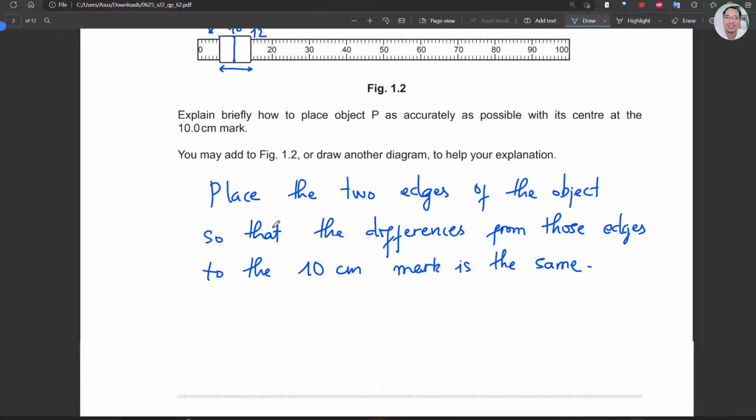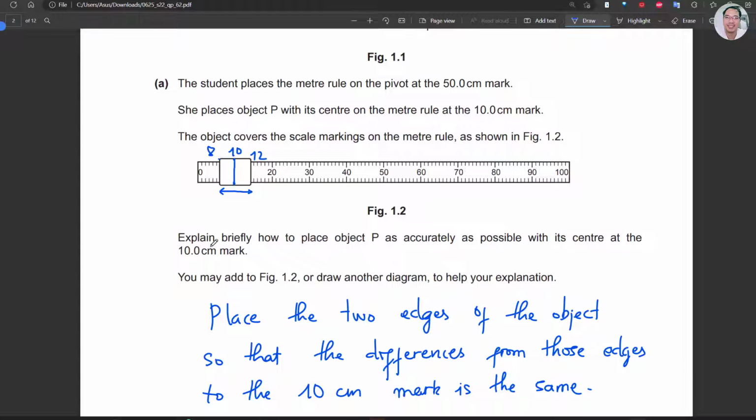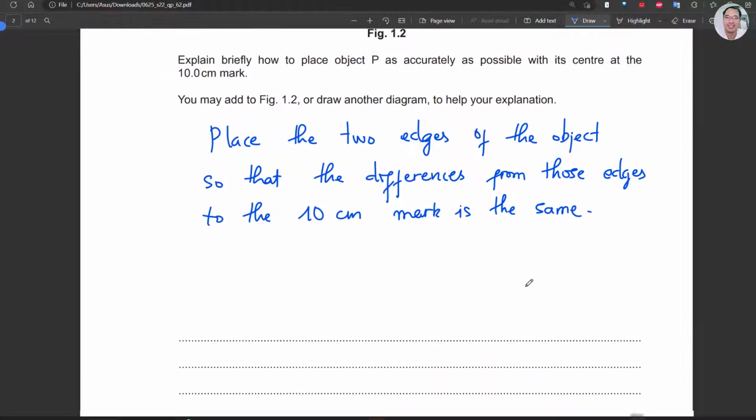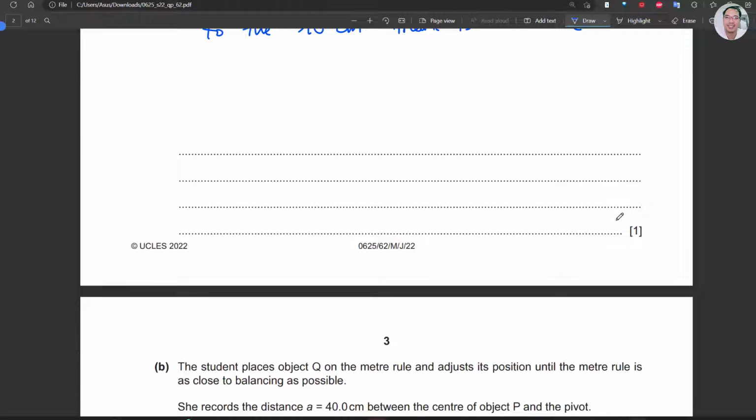You can use another example to clarify that. One edge is at 8 centimeter and the other edge is at 12. It's only one mark, so don't worry too much about drawing a diagram.